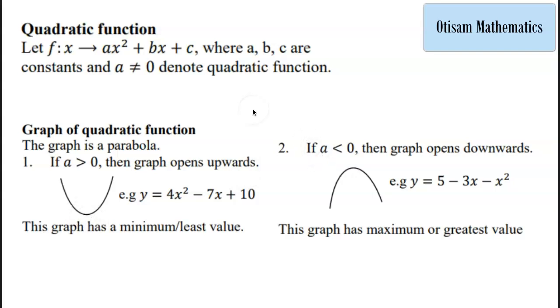Number 2, if the coefficient here is less than 0, then the graph opens downwards. So it opens downwards like this, and we are going to have the maximum value or the greatest value. Basically, these are some of the information that you need to know.